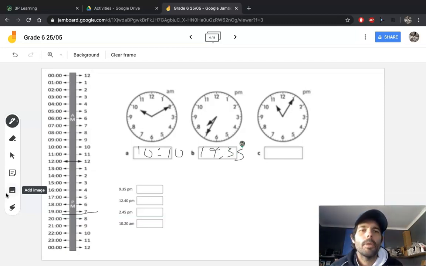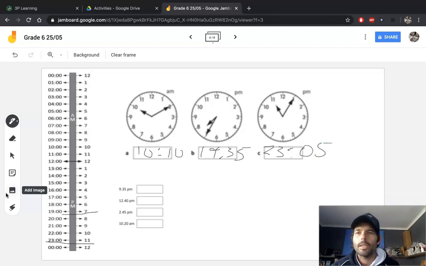All right, and then PM for the last clock is 11 for the hour. You can see the hour hand pointing at the 11 and the minute hand at the 5. And we can see from here that 11 is 23. Okay, so it's 23:05. Again, you don't have to put AM or PM as that tells you.